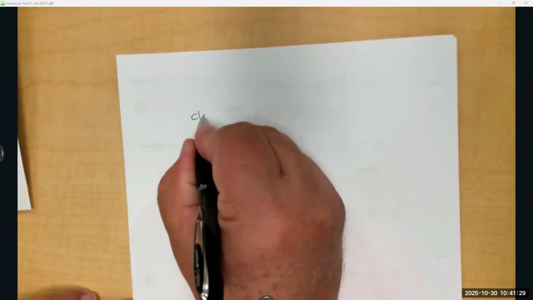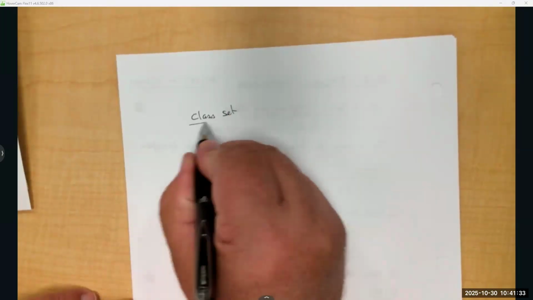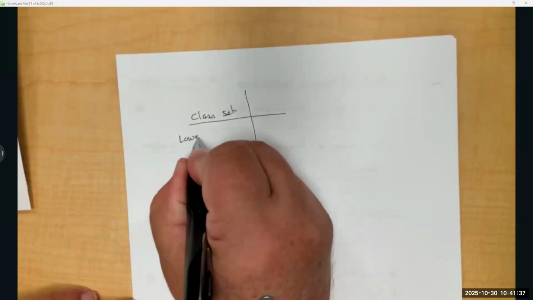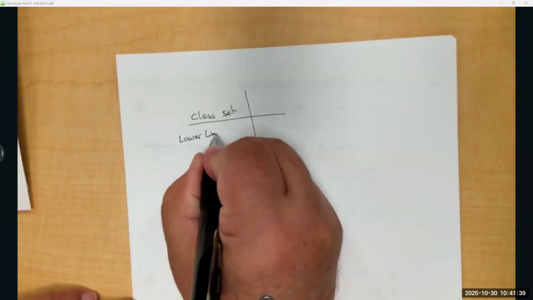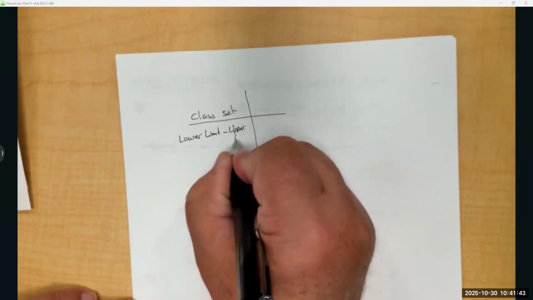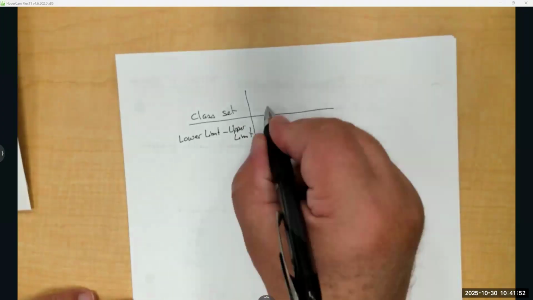So this is the class set. You have the lower limit to the upper limit. Then we go to the class bound.